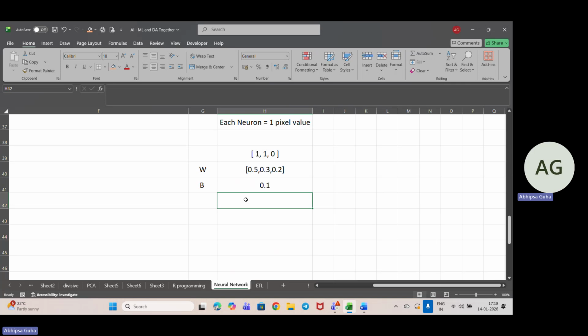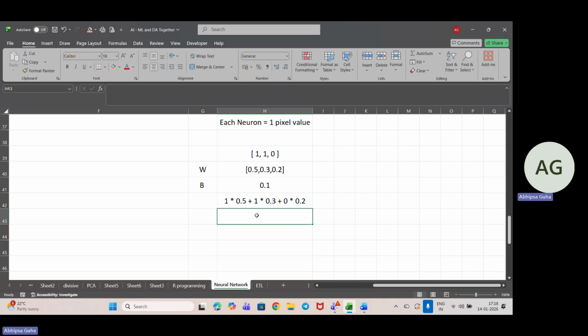Okay. Now what I'll do, I'll just take the multiplication. This 1 into 0.5, plus I'll be doing 1 into 0.3, plus, sorry, plus I'll be doing 0 into 0.2, right?